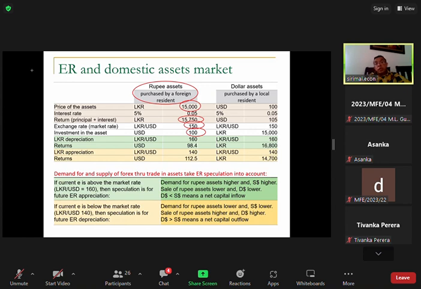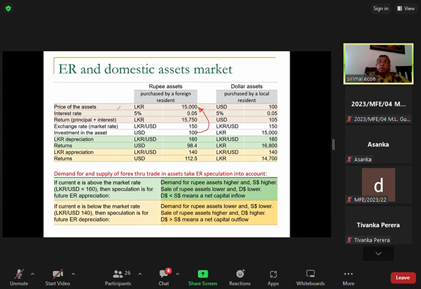So if he brings $100, he can open a local account, and $100 can be converted to 15,000 rupees and purchase the rupee assets, the bonds.